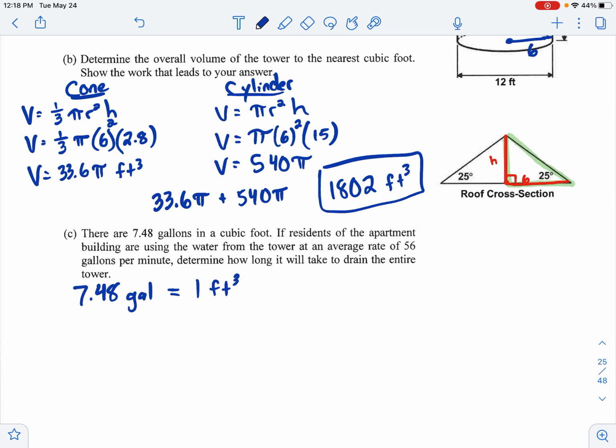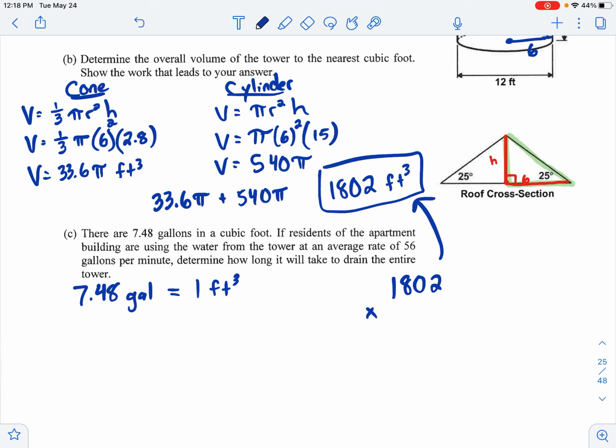Okay, we have a little bit of an issue here because our tower is in cubic feet and they're talking about it draining in gallons per minute. So let's convert to gallons.